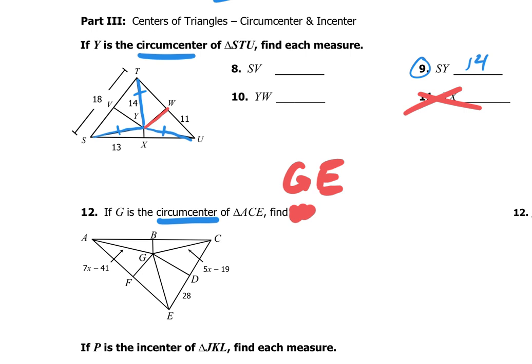So instead of that triangle, I'm going to use this triangle, okay? And so what we're going to do is I know this is 14, and we're looking for this piece here, which is B. If you need to redraw it, you can.